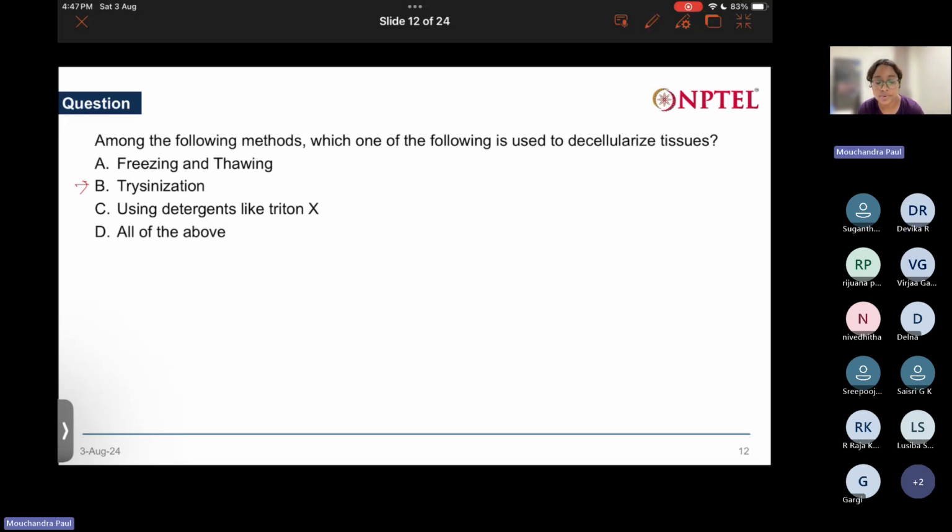Can you repeat? All of the above. Okay. Does anyone have anything other than these two options in mind? Does anyone think it's A, or anyone think it's C?